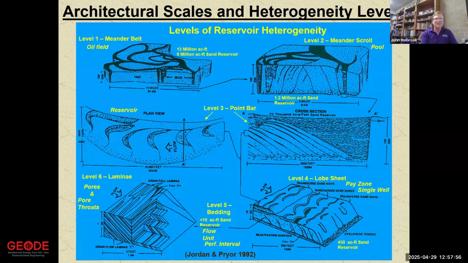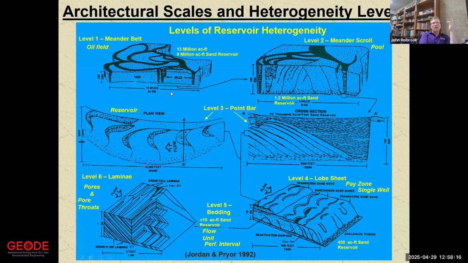You might start out with cross sets that made bars, that made bigger bars, that made channel belts, that eventually filled valleys, that eventually made these big valley sheet complexes. And you might be working at that large scale.